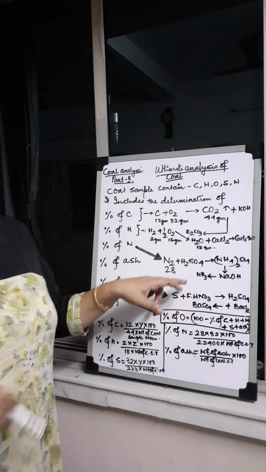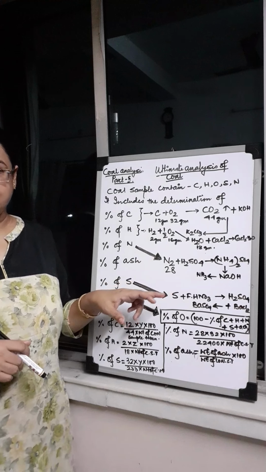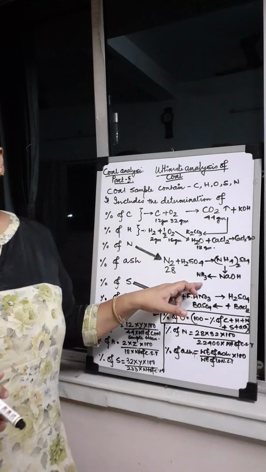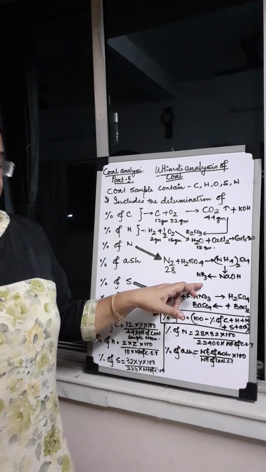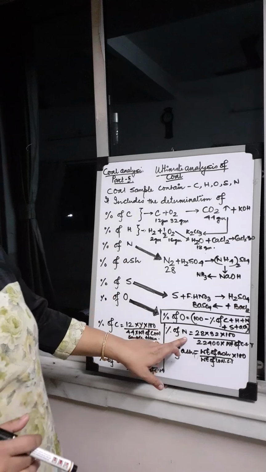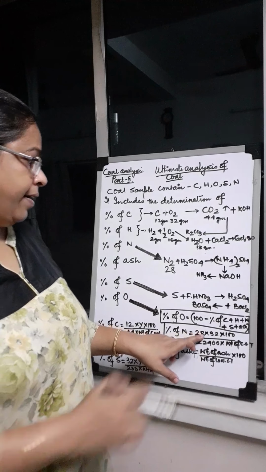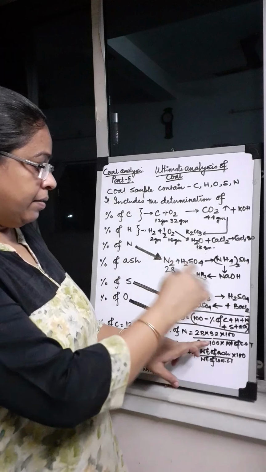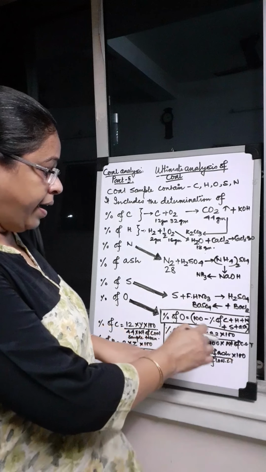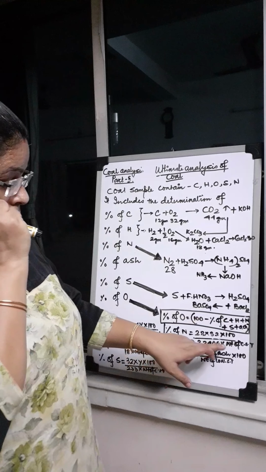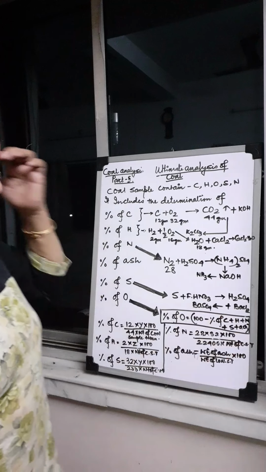The ammonia is then bubbled through a weak acid, and the amount of this ammonia is determined by titration. So the percentage of nitrogen equals 28 into 32 into 100 divided by the molar volume of gas into weight of coal sample taken.